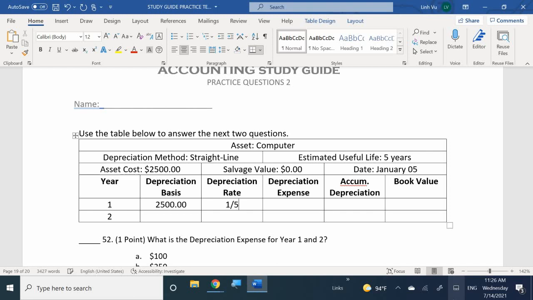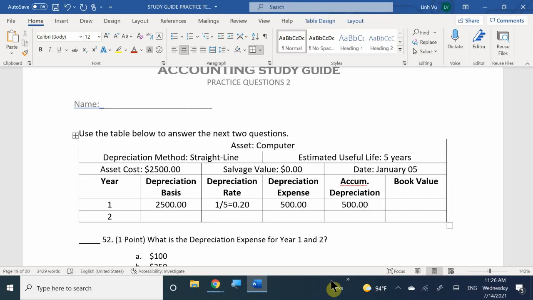Good. 1 divided by 5, which should give you 0.20. Okay, 20%. So in this case, what is going to be my depreciation expense? $500. So therefore, my first year's accumulated depreciation is going to be 500.